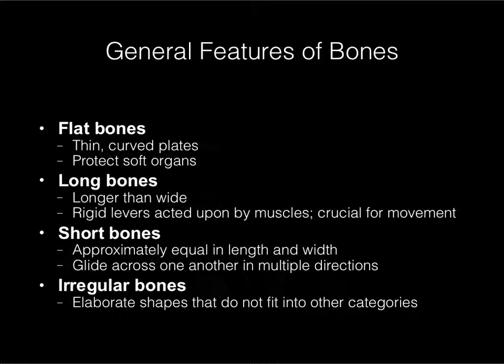These are able to glide across each other in multiple directions. So they provide options in terms of which way they're going to move. They're also often going to be good repositories of red bone marrow and sites where red blood cells will be made.